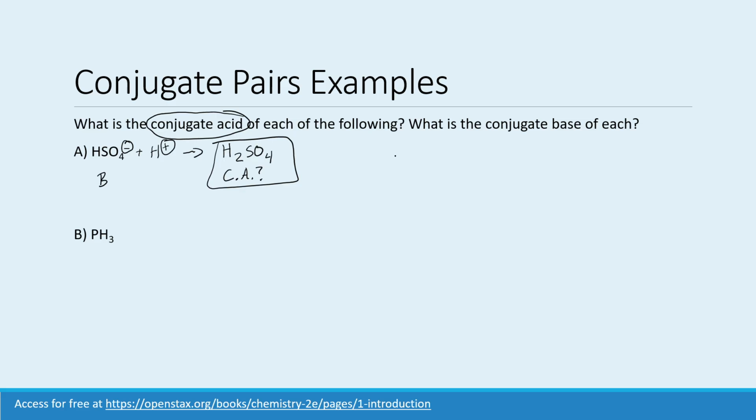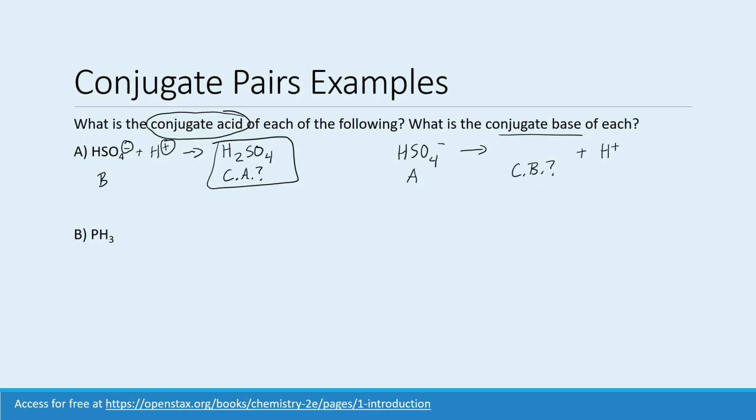And that is your conjugate acid. Okay, and then we're going to rewrite this HSO4 negative, and this time they're asking what is the conjugate base. We need to figure out what that conjugate base is, and that means your original species must act as the acid. Acids are going to donate, they're going to lose an H+, a hydrogen ion, and so that H+ is going to show up on the product side.